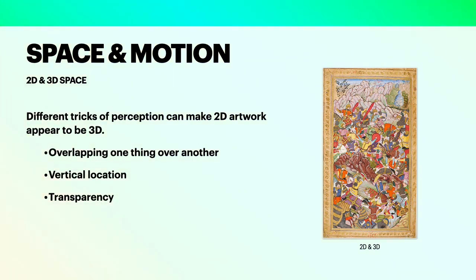Also, your vertical location will place 2-dimensional objects into a 3-dimensional relationship, especially if there are other visual cues available. So transparency also implies 3-dimensionality by showing an in front and behind relationship.